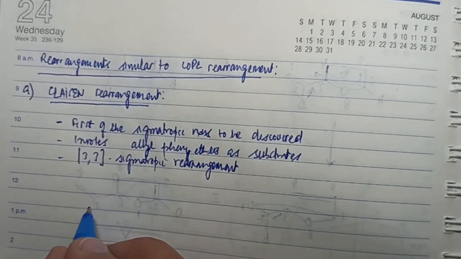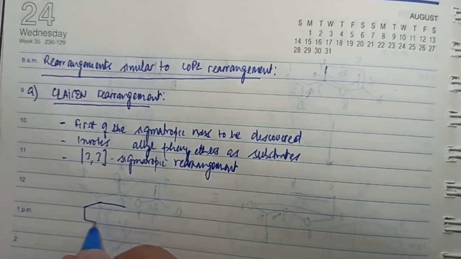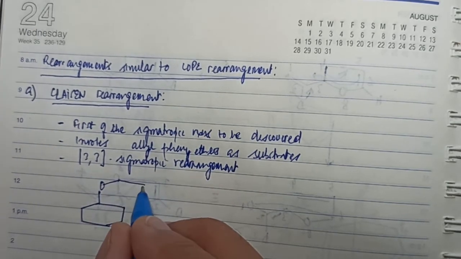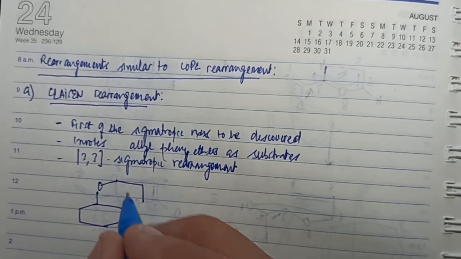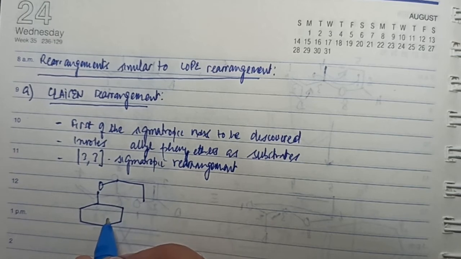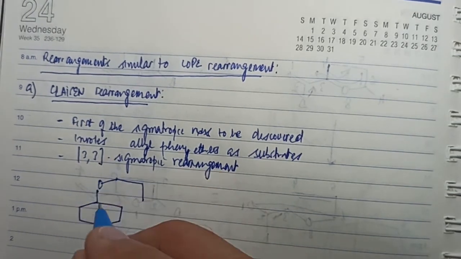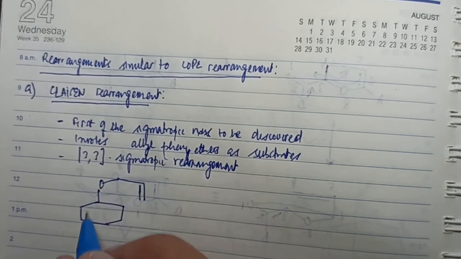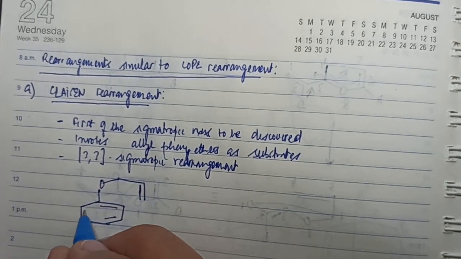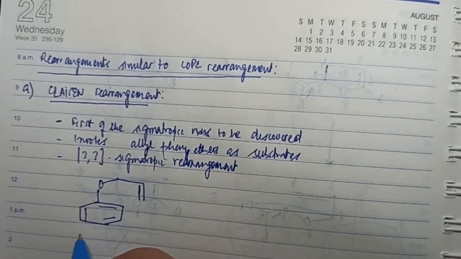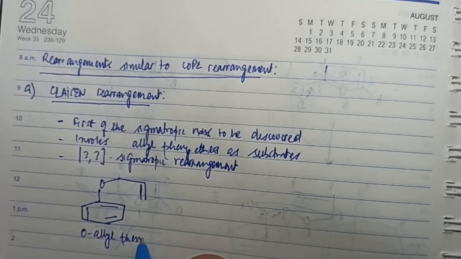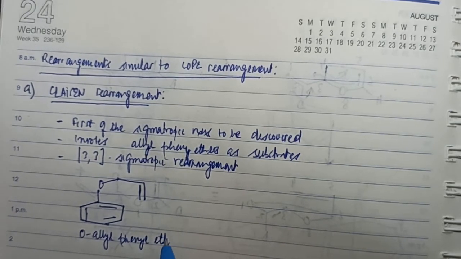As I've told you, the system which is involved is allyl phenyl ethers. So if it is this system, to start with, you have an allyl system here attached to the oxygen atom, and here you have a phenyl system. So this molecule is O-allyl phenyl ether as the reactant.